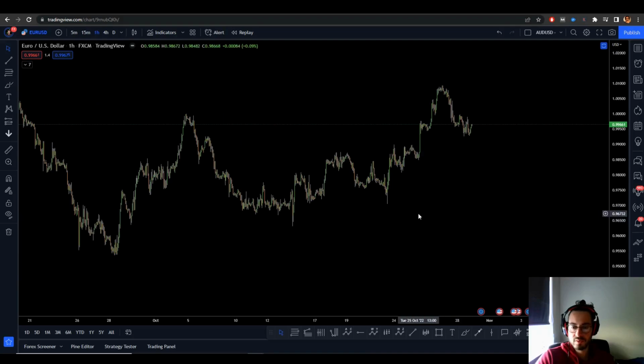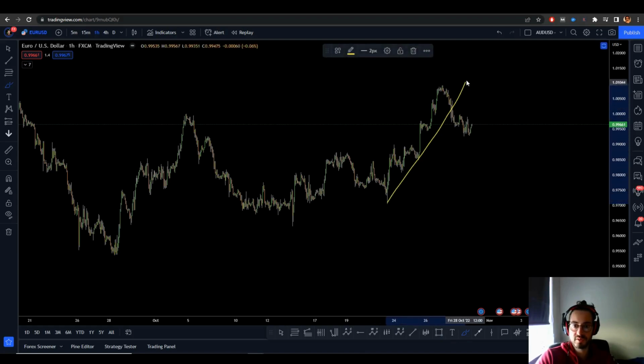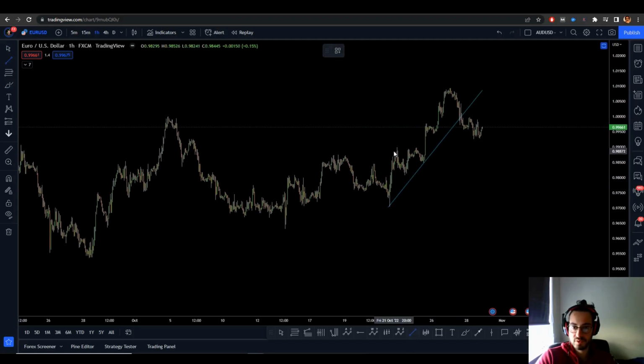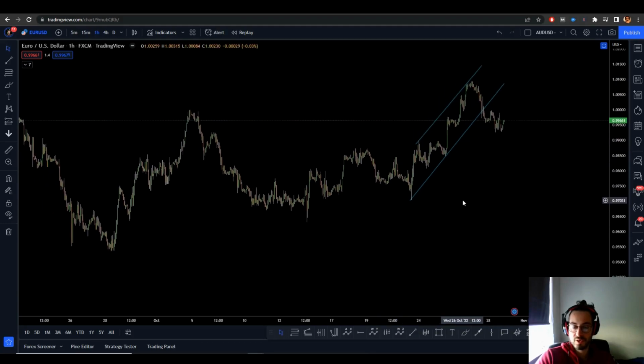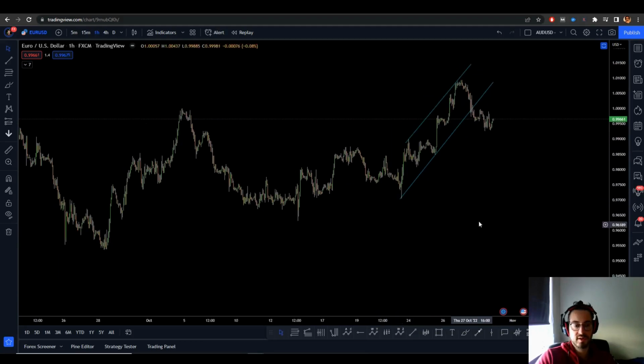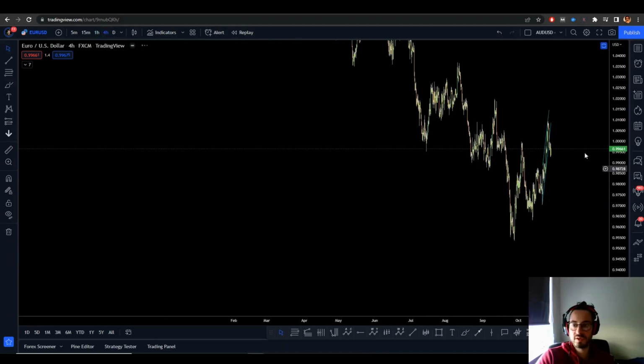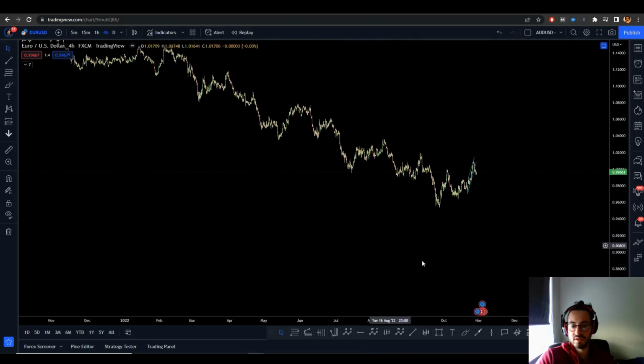Right now, the market is coming down from this leg up here, right? We moved up in this trend. And just looking at this price action, you can clearly see how the market is moving in these corrections, consolidations.